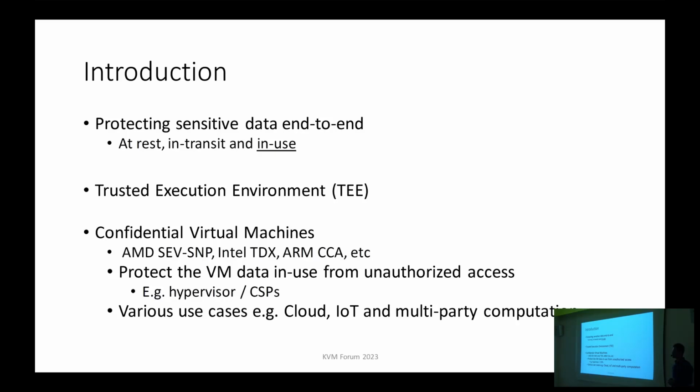But for in use, we need to rely not only on software, but also on hardware. And that's what trusted execution environment technologies try to solve: protect data while it's in use, by basically creating a hardware isolated environment where you can put your application and run it.